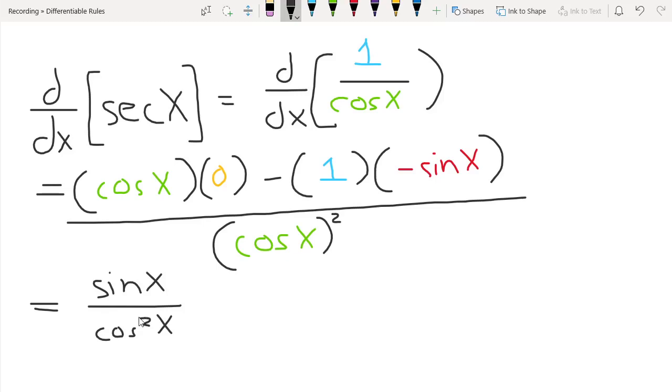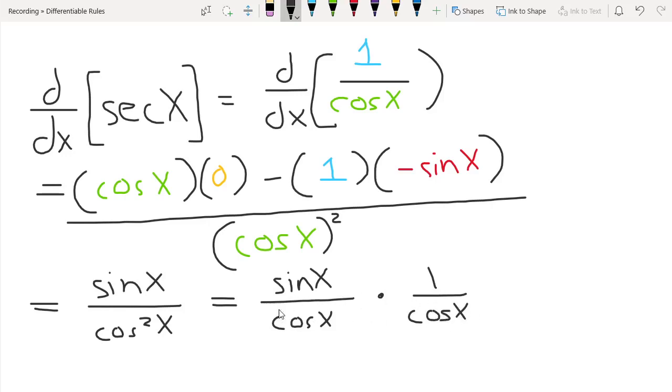So that would be how you do it, but we could stop there or we could keep going. If we want to keep going, we could actually write this as sine of x over cosine of x times 1 over cosine of x.